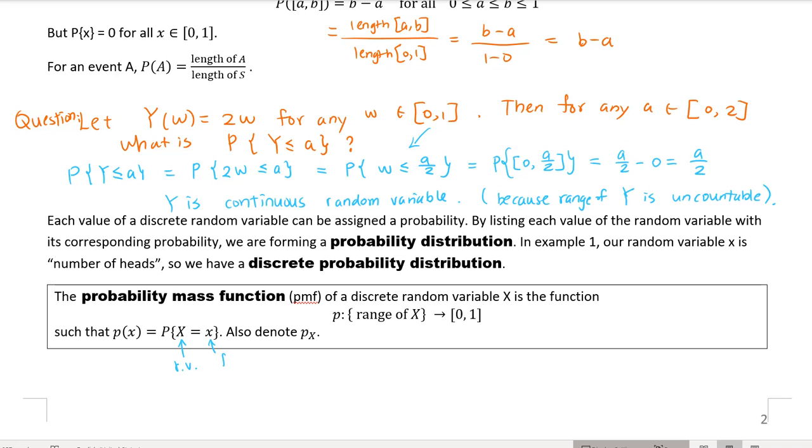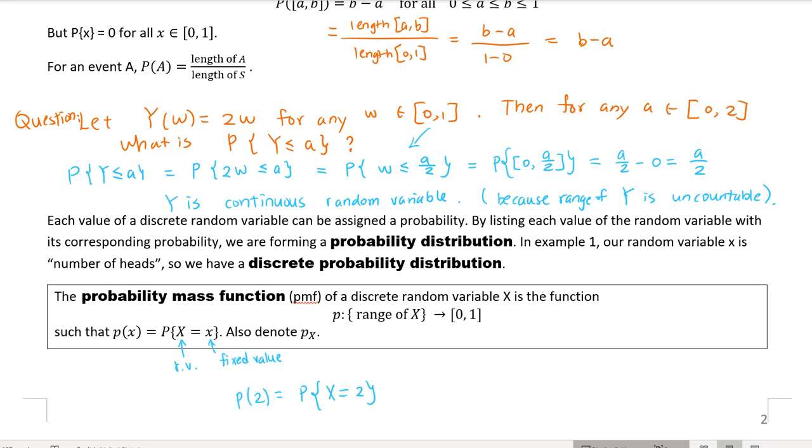This small x is a fixed value. So this small x is a value from the range of the random variable. So it's like, well, p(2) is the probability when X equals 2, etc.